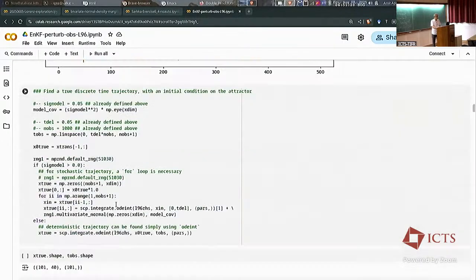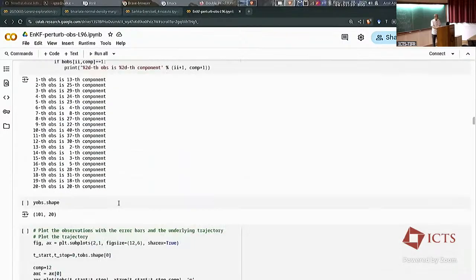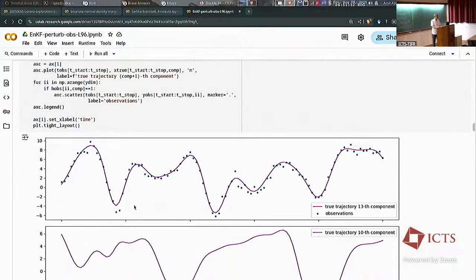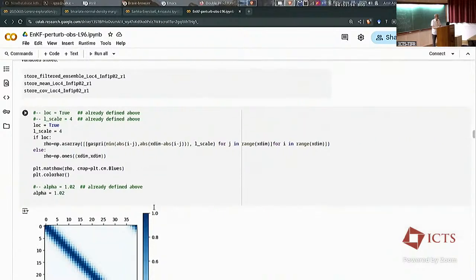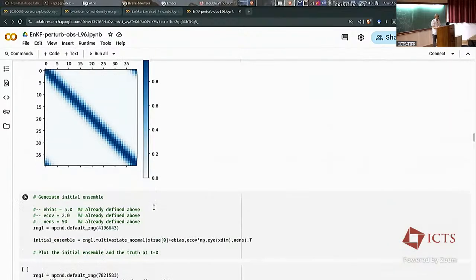Okay, so there we go. The observations are generated, and then you run the filter. What do you need to run a filter? You need an ensemble. You generate an ensemble at time t equal to 0 out of the probability density at time t equal to 0. So you need some sampling algorithm for the initial ensemble, and in this case the initial ensemble is chosen to be simply Gaussian, so it's easy to sample at time t equal to 0.